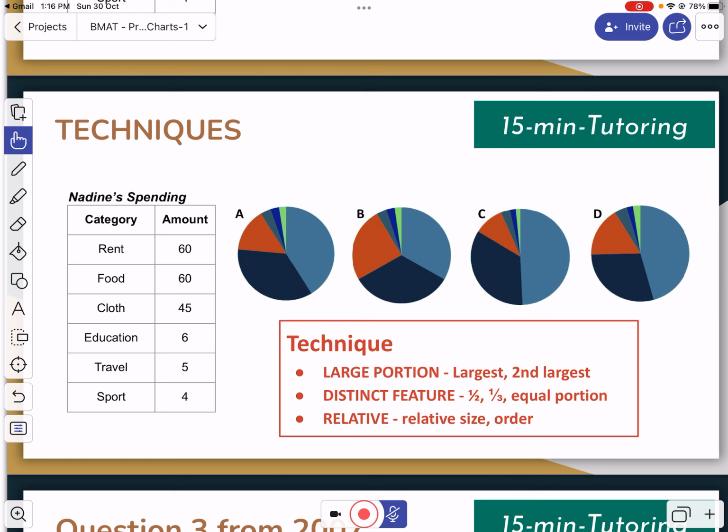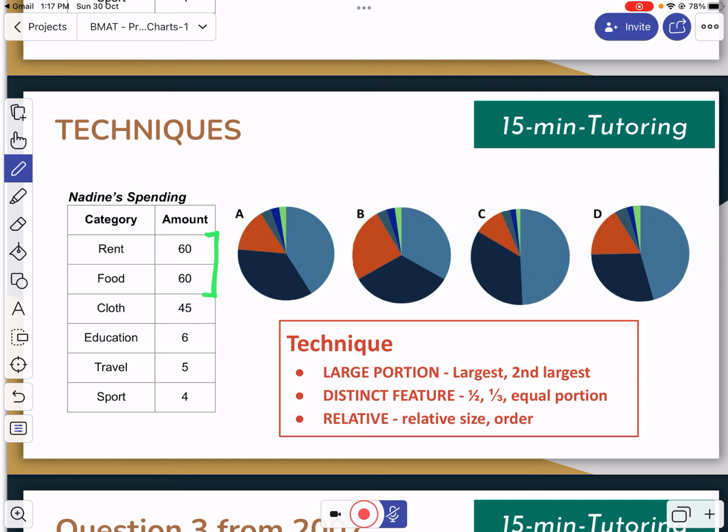So, what are the techniques we use? The first technique: large portion. What do I mean by large portion? Well, if you take a look at the data, you see that the two largest portions are rent and food.